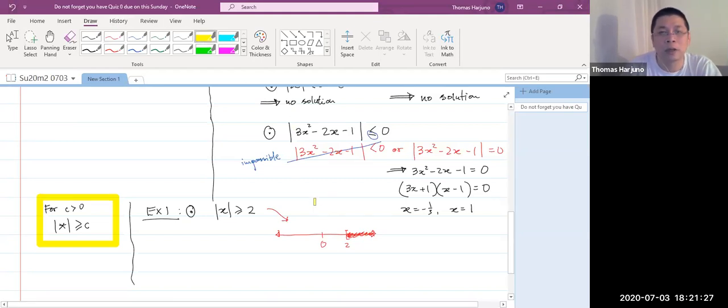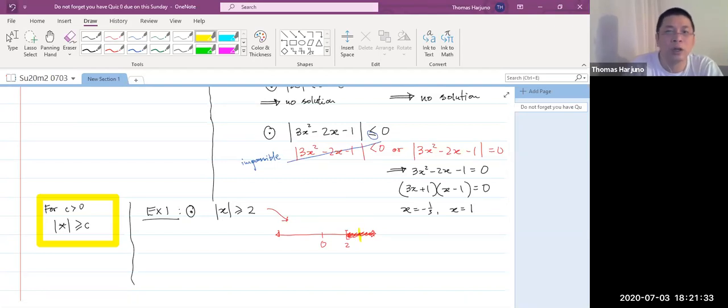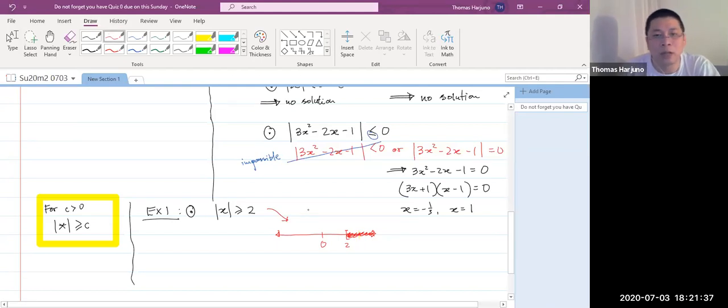But not only on the right-hand side, it is also possible that you go to the left. So all those x that have distance greater than or equal to 2 from 0. That's the interpretation.